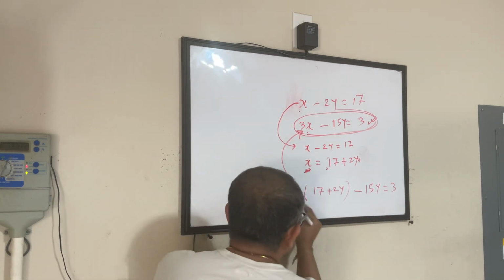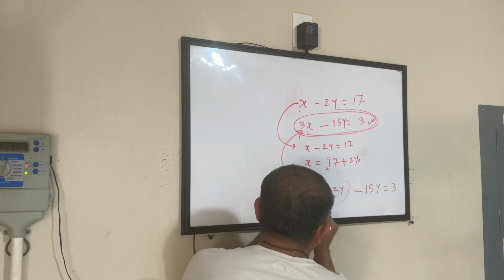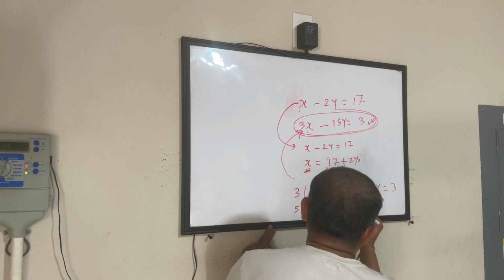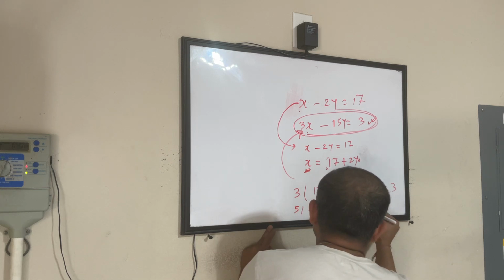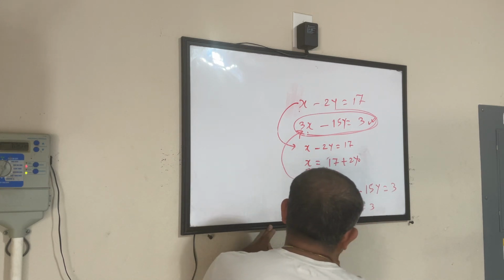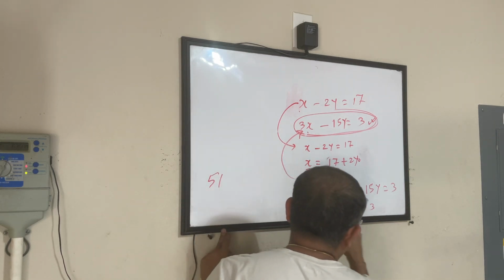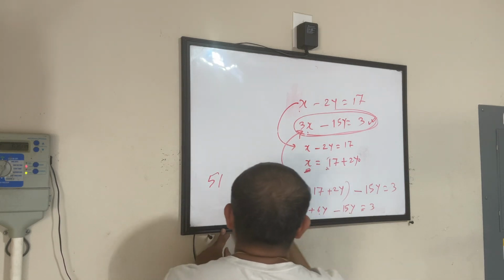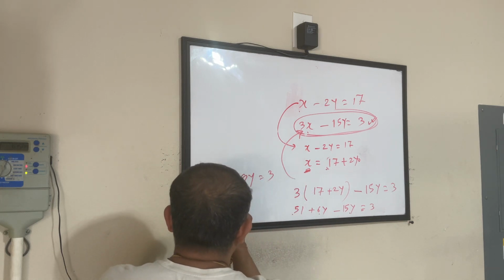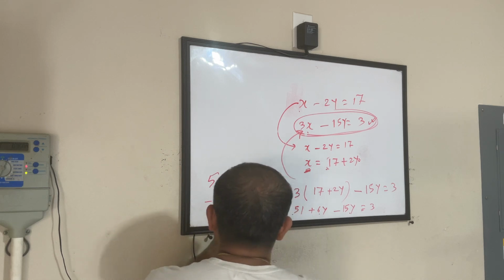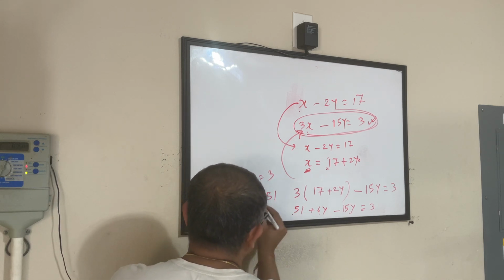Let's break it down. 3 times 17 is 51. 3 times 2 is 6y, minus 15y equal to 3. So 51, 6y positive, 15y negative. This becomes minus 9y equal to 3. Keep y on one side, equal to 3 minus 51. Minus 9y equals minus 48.